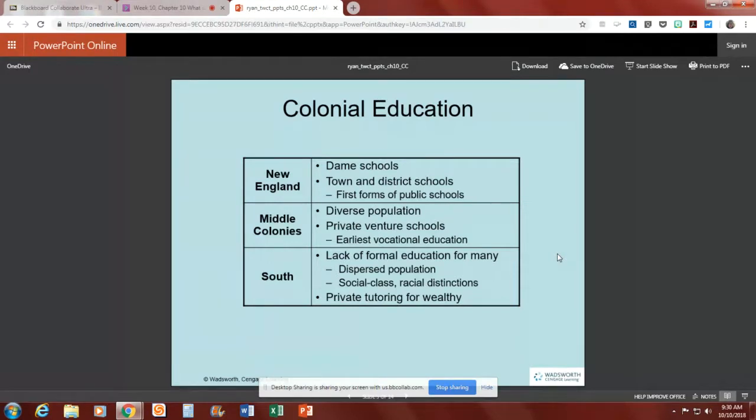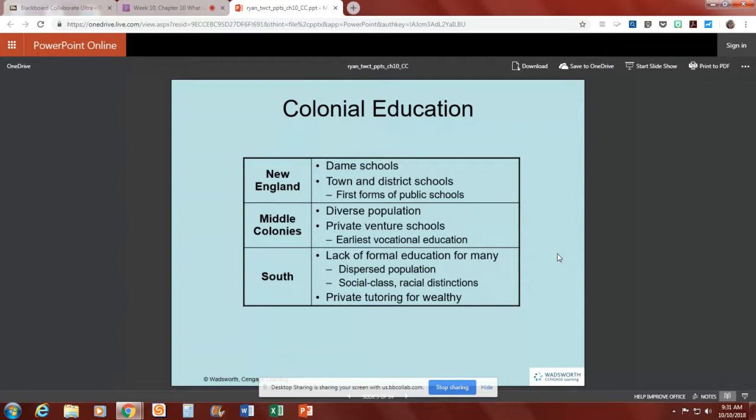That was prevalent in New England, and there was some flow of that into the Middle Colonies, and that thought as well, that learning how to read could help you to read the Bible, and that would help you to live a good life. So that's New England and the Middle Colonies. Now let's look at the South. In the South, there wasn't as dense of a population.